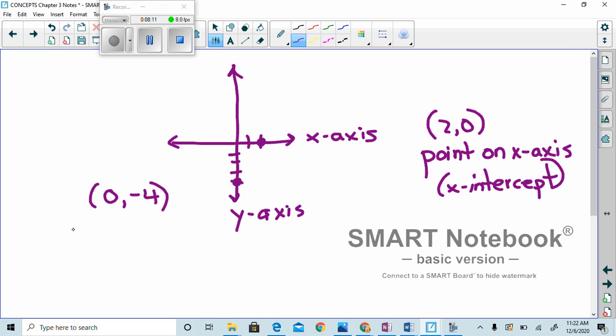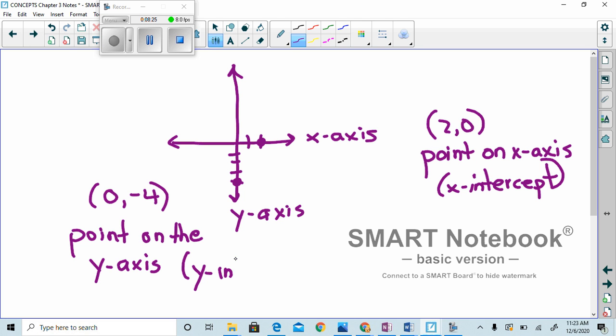It falls on the y-axis, so it's a point on the y-axis, and if we think about what that will be called, it is my y-intercept. So if I have 2 points that fall on either the x or y axis, I can connect those points, and I have what we call a quick graph. And that's what we're going to be working on next class.